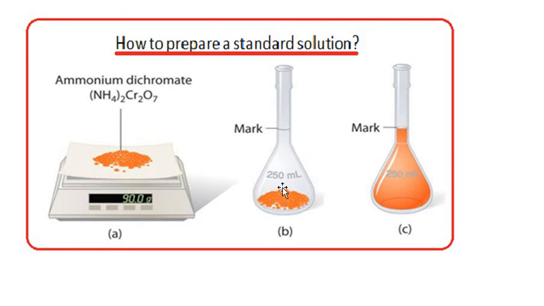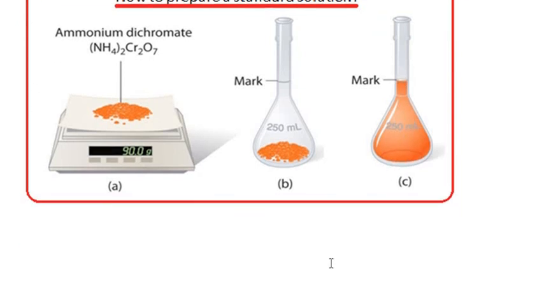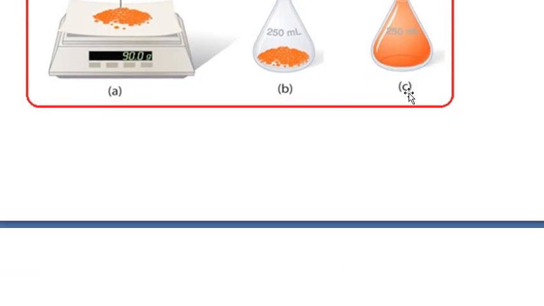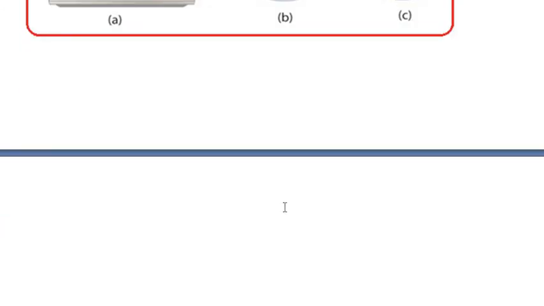Then the solvent is added, and by shaking, the solution forms, and the total volume is completed up to this mark. Now this solution is a standard solution because the mass of the solute is known and the total volume is also known. So the concentration is known and the solution is called a standard solution.